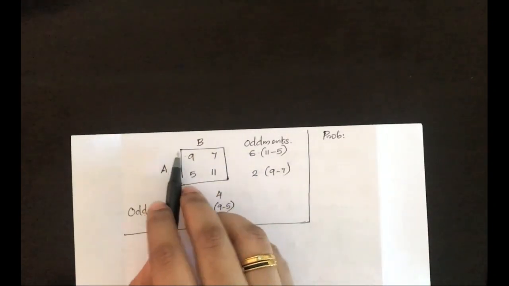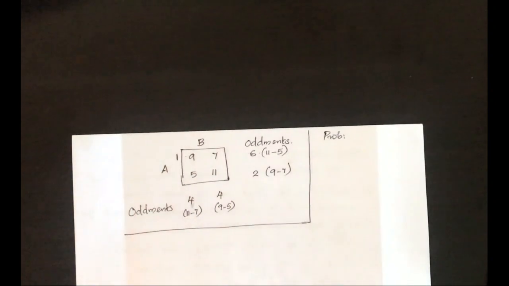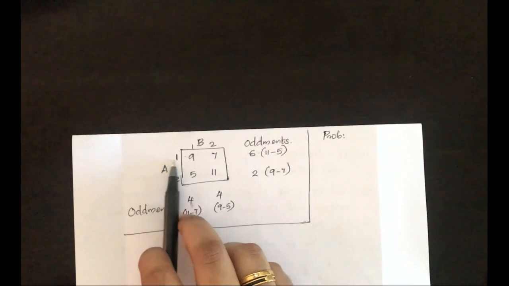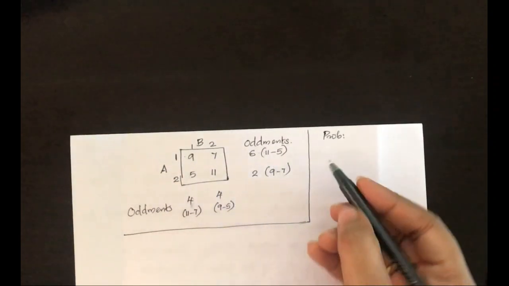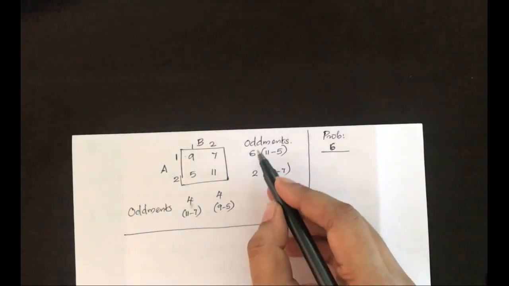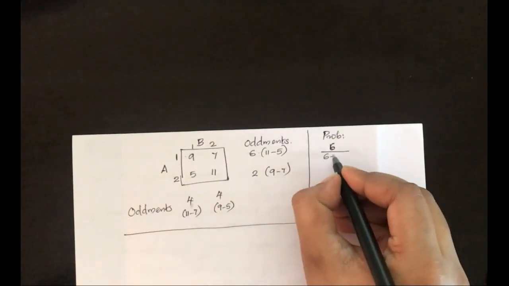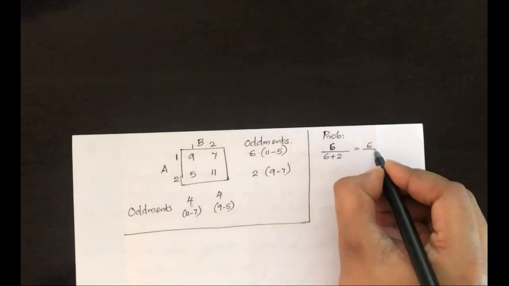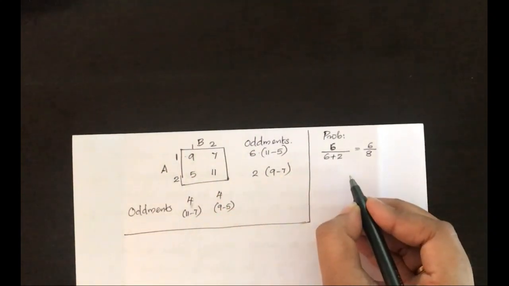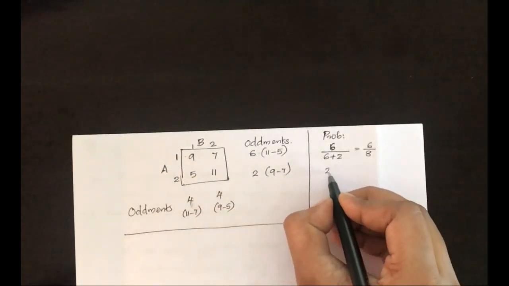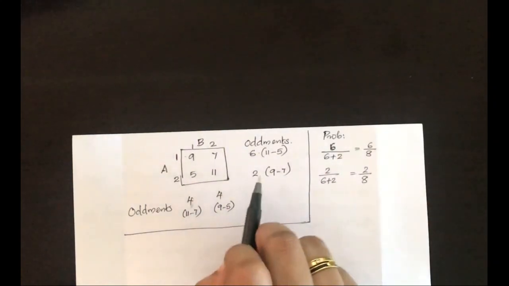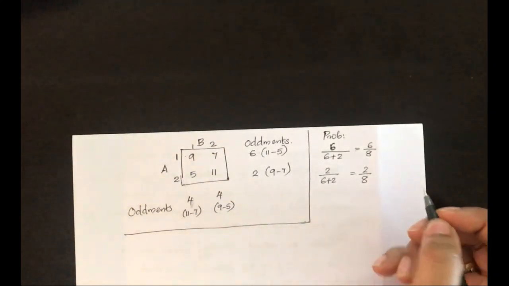Here there are 2 strategies. The probability of the first strategy is the oddment of the first row, 6, divided by the total oddment, 6 plus 2, 8. That is 6 by 8. Then the probability of the second strategy is 2 divided by 6 plus 2, that is 2 by 8.